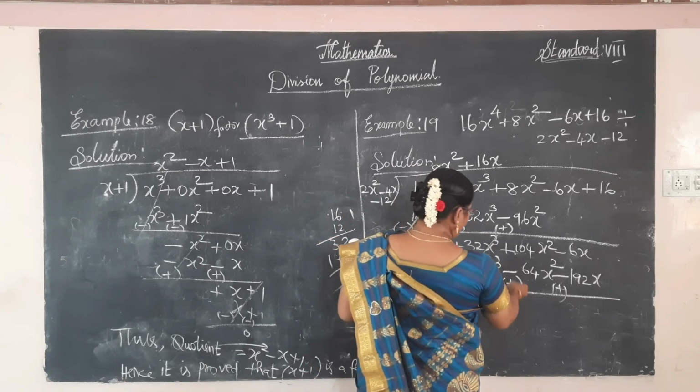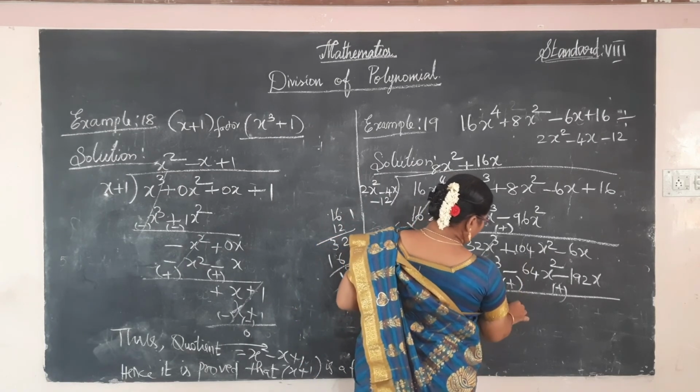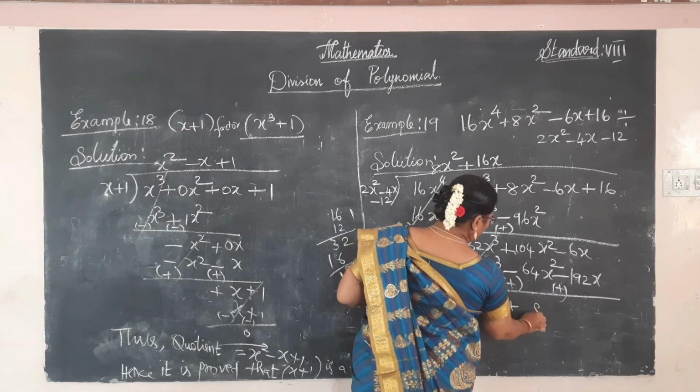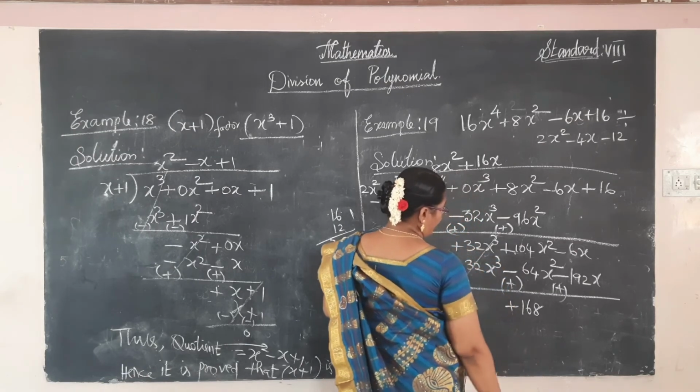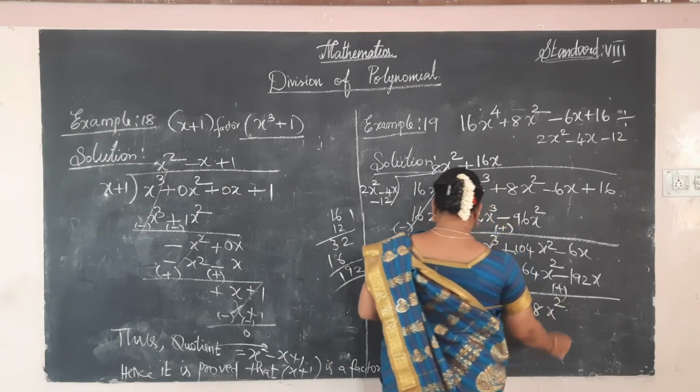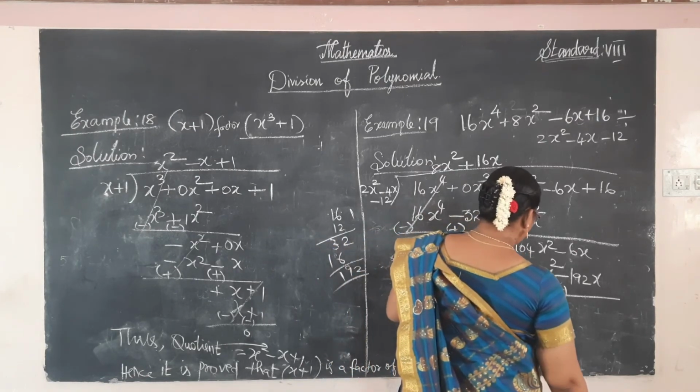Add and put the same sign. What we get is plus 168x^2.